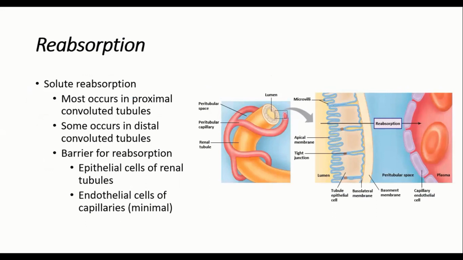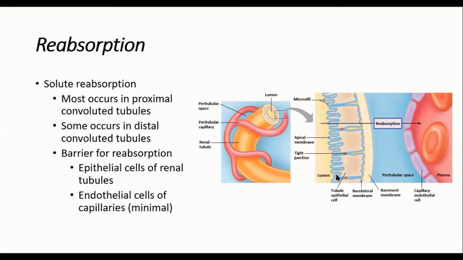Okay. So most of this is happening in the proximal convoluted tubules. And a little bit is happening in the distal convoluted tubules, and we'll distinguish that in the future. There's not a ton of a barrier for reabsorption here, and the proximal tubules in specific are really going to be specialized for reabsorption. So the cells that these molecules are going to have to move through are the epithelial cells of the tubules.